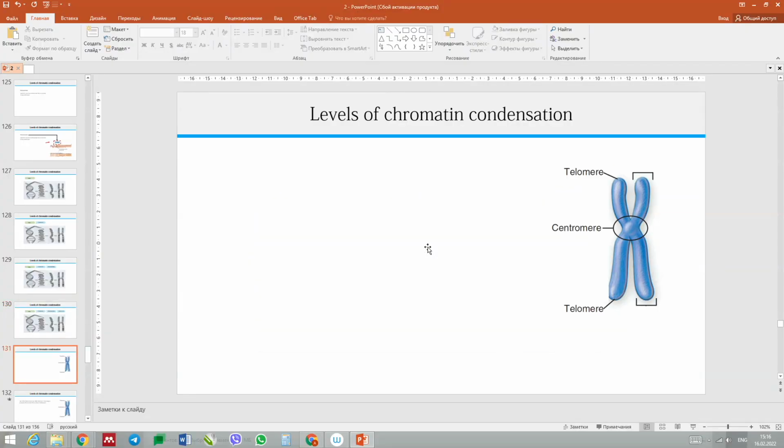Chromosome has so-called centromeric region and telomeric regions. Telomeric regions are terminal locations in the chromosome, while the centromeric region is used to hold two, I would say, two chromatids together. Right?